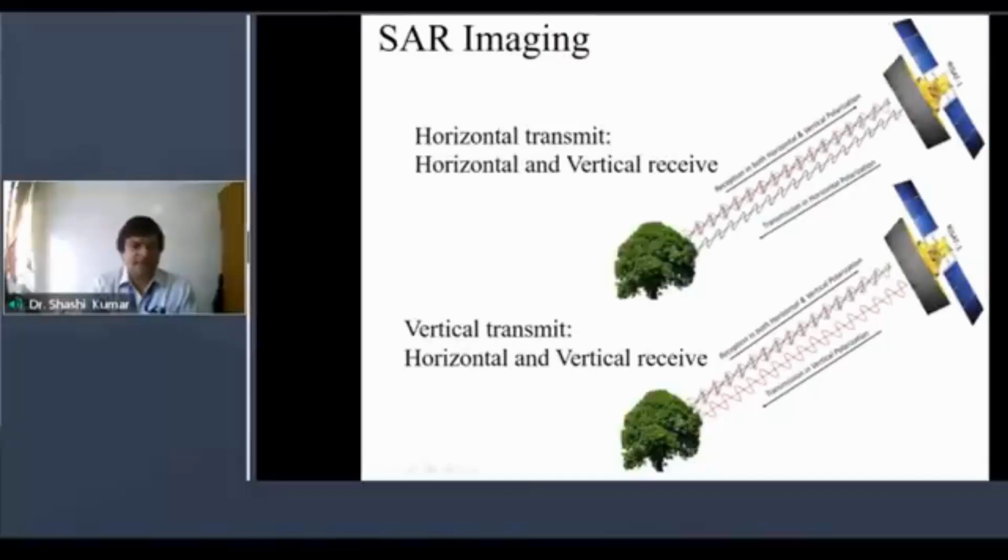But some amount of the energy will vibrate in horizontal polarization also. So from a single transmitted V, there will be receiving of horizontal as well as vertical polarization. So here one can see that a total of 4 polarimetric combinations can be generated: HH and HV, and VH and VV.